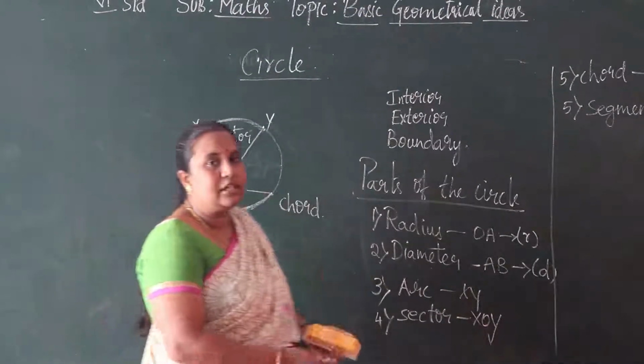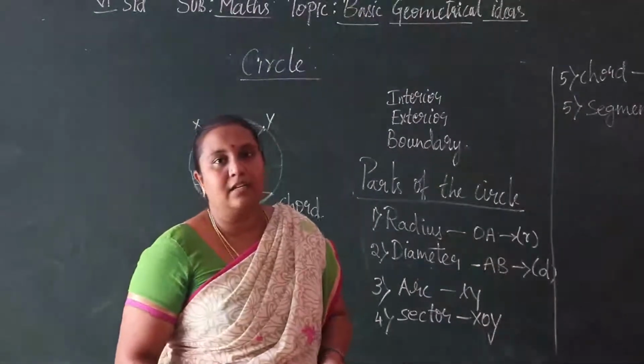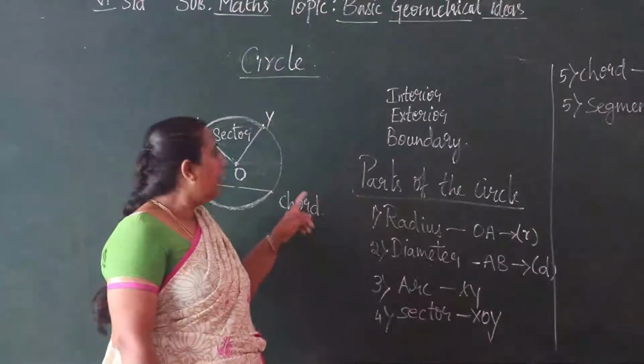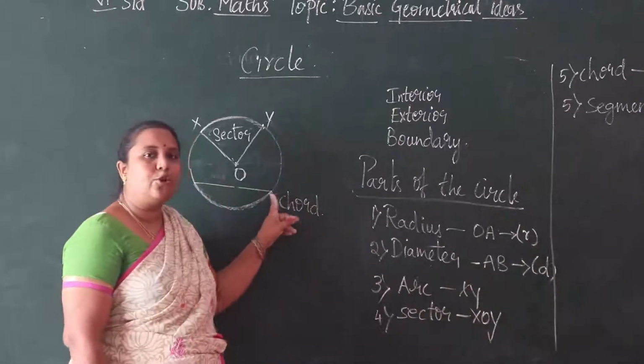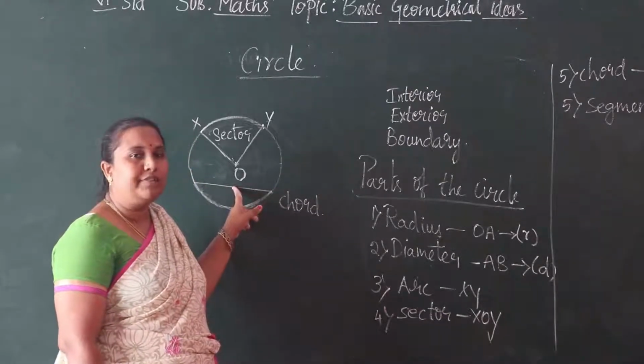Now you are clear, children, about the parts of the circle. See here, the chord of the circle and the arc of the circle, we can join, that is the segment of the circle.